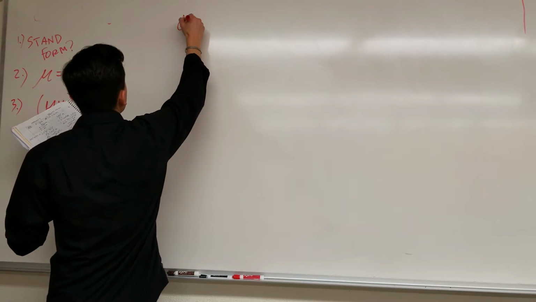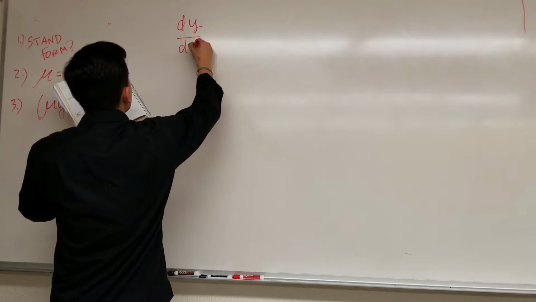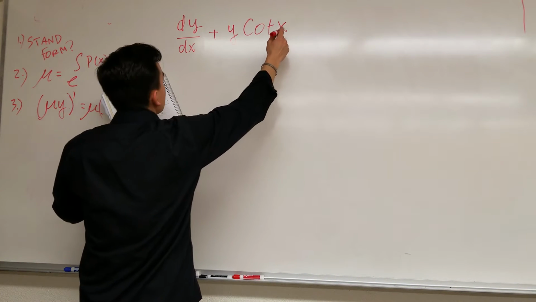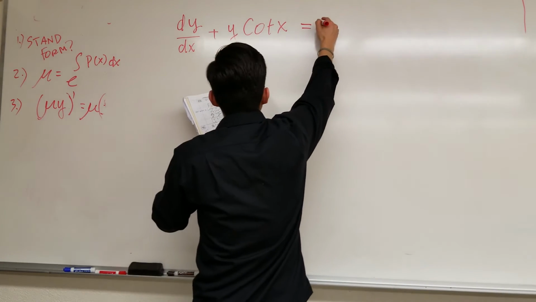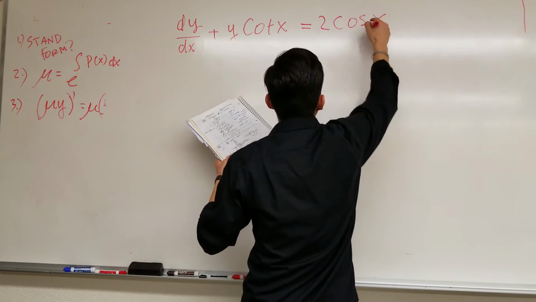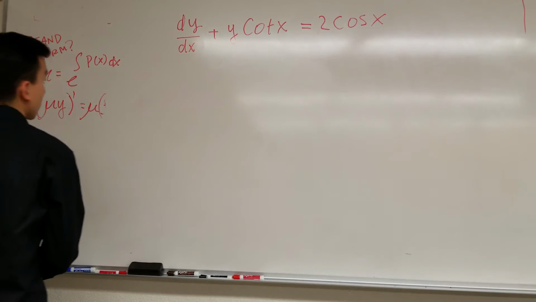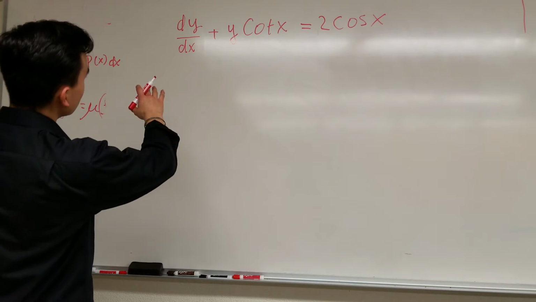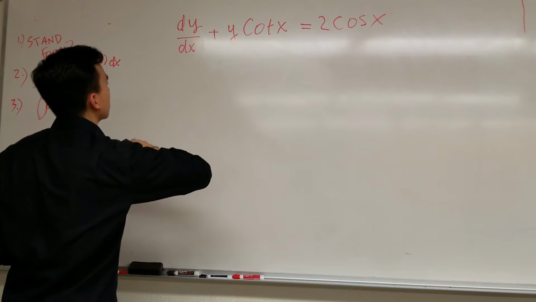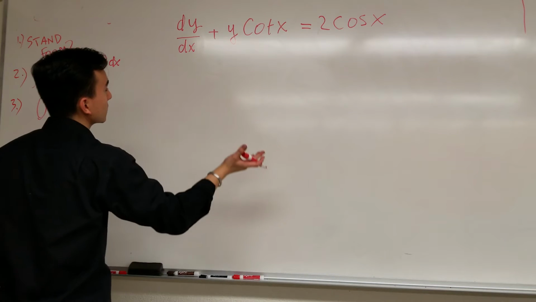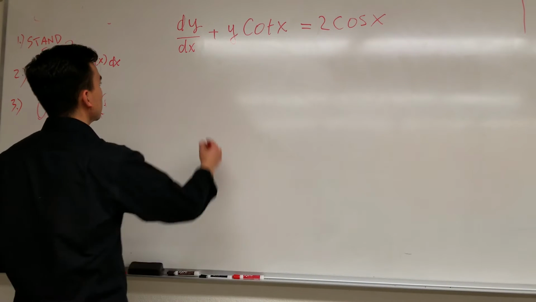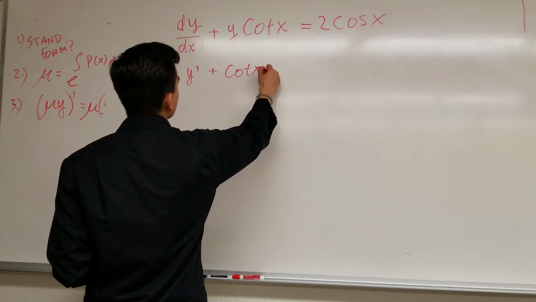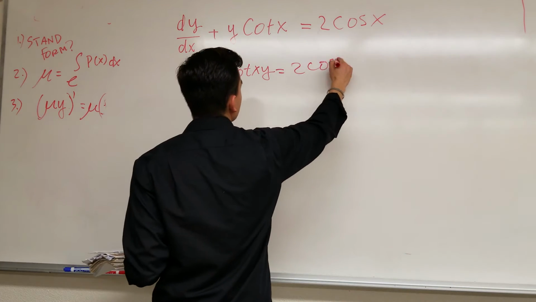We're going to have dy dx plus y cotangent of x equal to 2 cosine x. Okay, what in the world? I have never seen this in standard form. Well, it is in standard form, it's just not in the form that you've seen. That's still y prime plus cotangent x y equals 2 cosine of x.